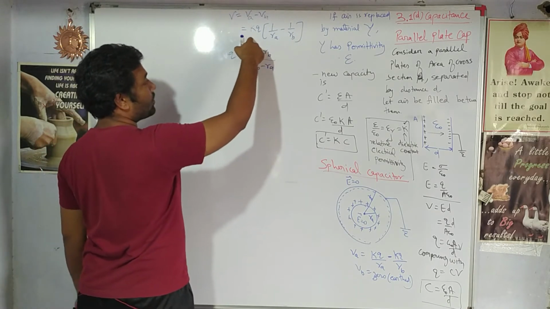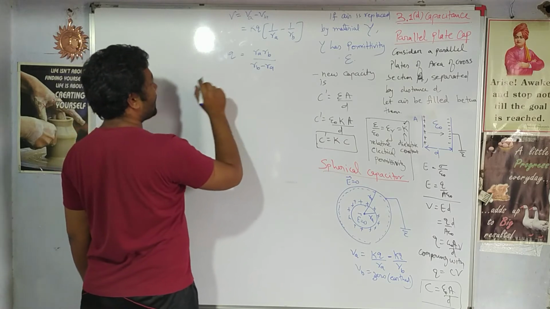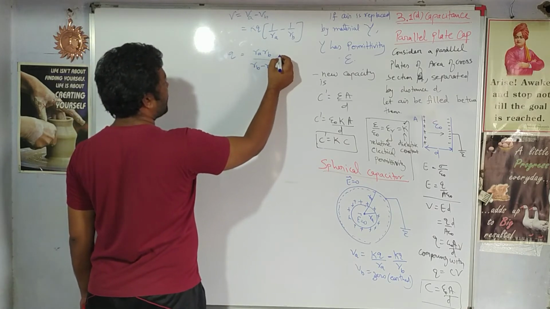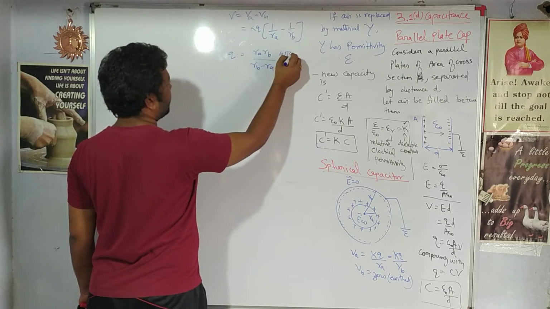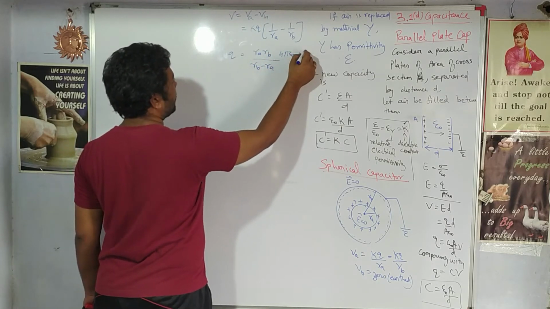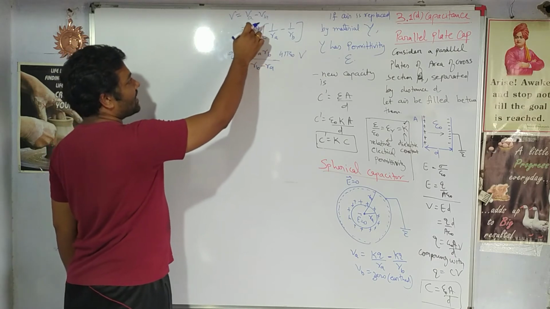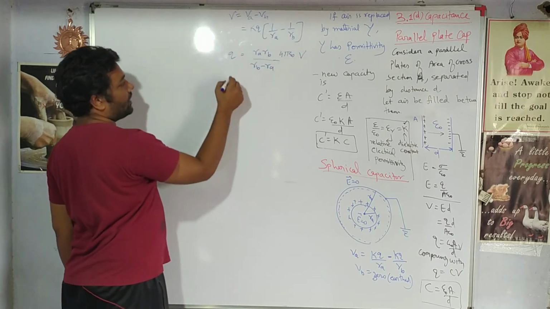If you have not understood this algebraic simplification, do it yourself. The value of K is 1 upon 4 pi epsilon naught, and this whole term is shifted to the left hand side.